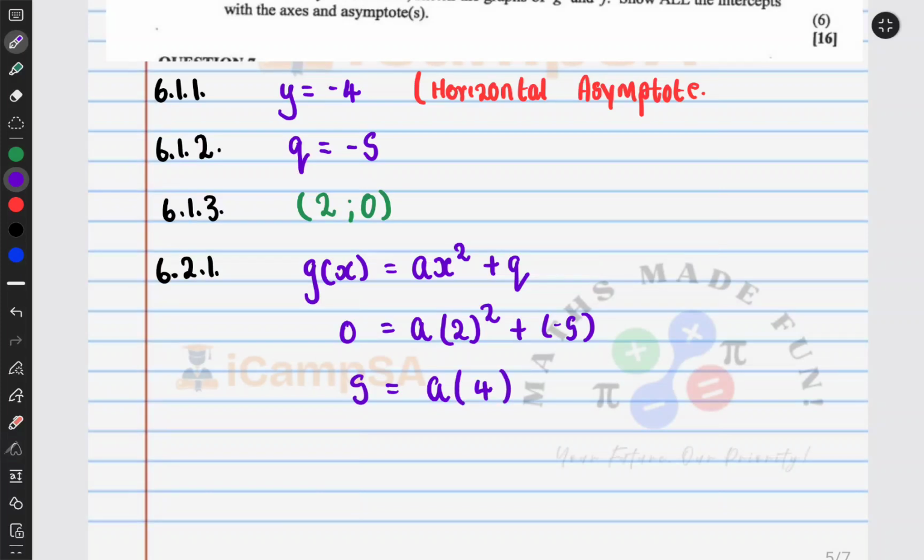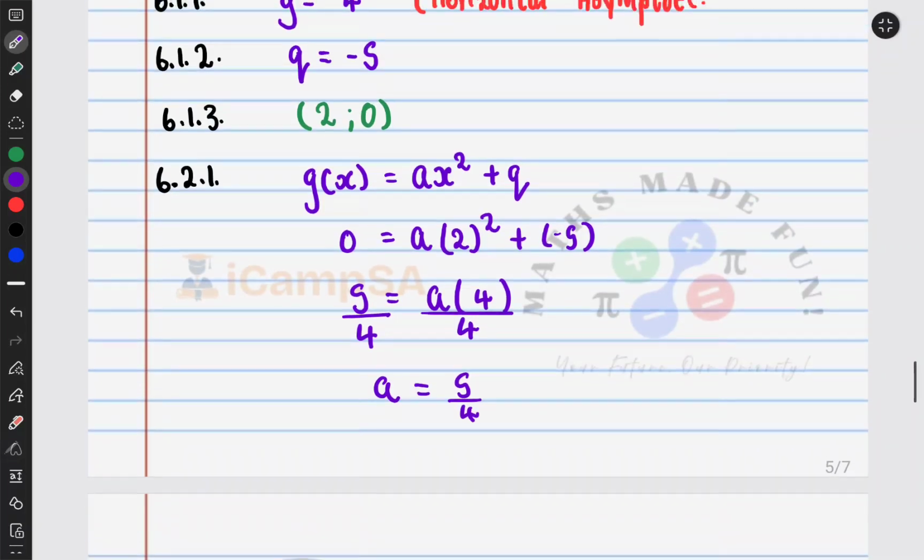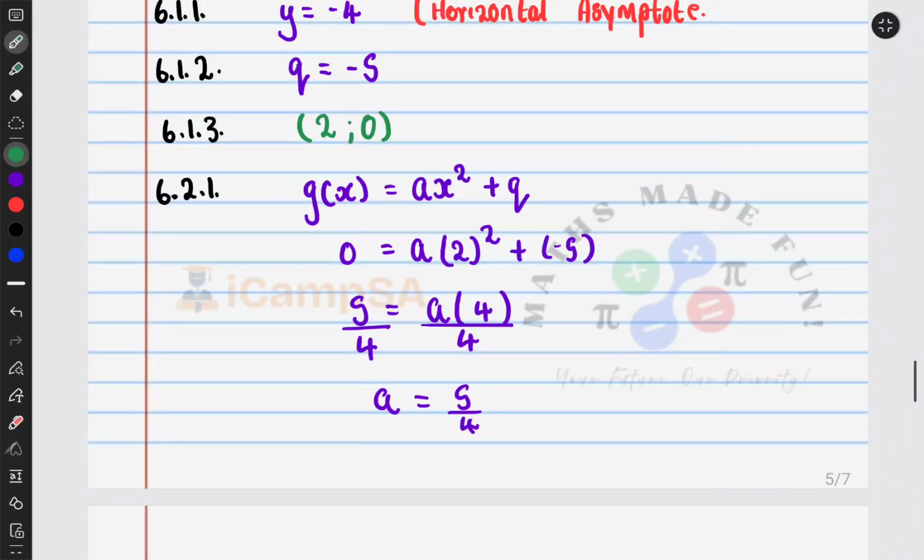Let's divide by 4 on both sides. So a is equal to 5/4, which means that the equation will therefore be g at x is equal to 5/4 x squared minus 5.